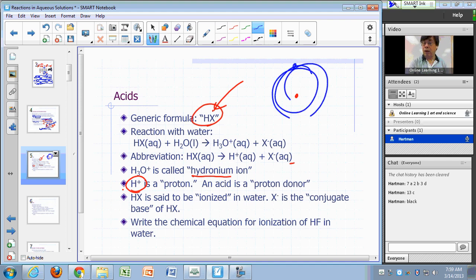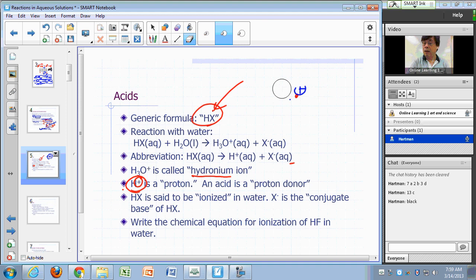One electron going around, and you have one proton. So that positive charge in the nucleus of a hydrogen atom is a proton. So if you remove one electron, the plus charge means one electron gone. So if that electron around the proton is gone, you're just left with a proton. So H+, the ion, is called a proton.